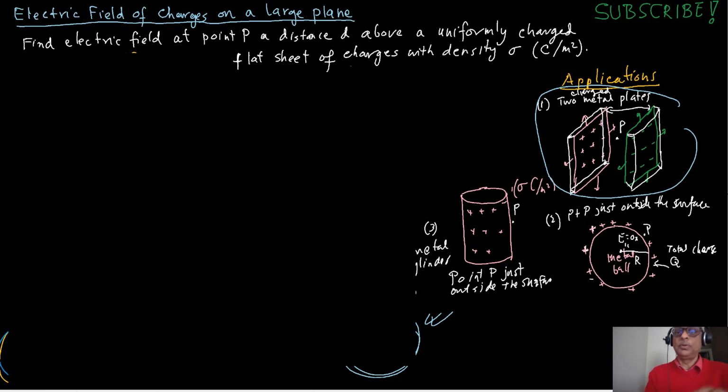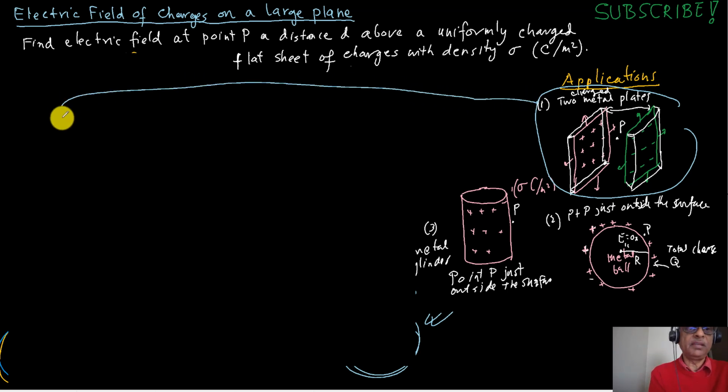So let's do this application. Suppose I have two metal plates, and I connect this one to the positive side of the battery and this one to the negative side of the battery. This will put positive charges on one plate and pull negative charges toward the other plate. So we're going to have a large plate and another large plate.